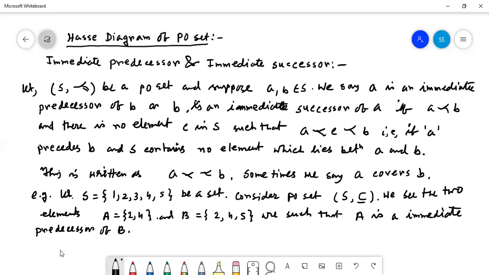So B is just next to A. A is a subset of B: all the elements 2 and 4 are in B, so B is the superset and A is the subset. Between A and B there is no other set.